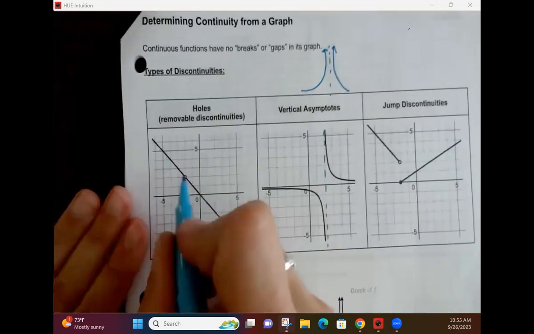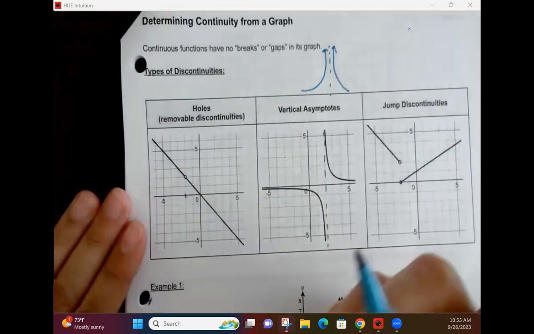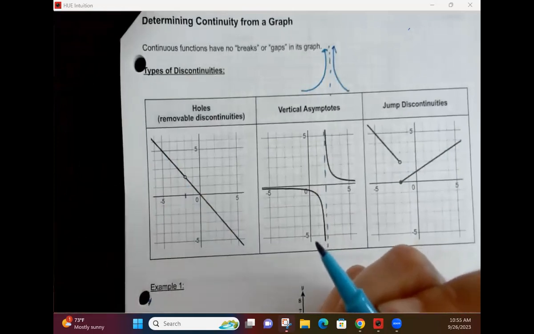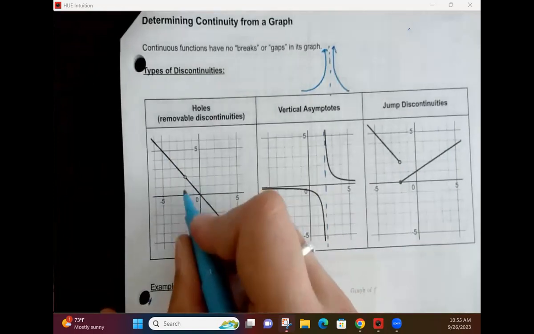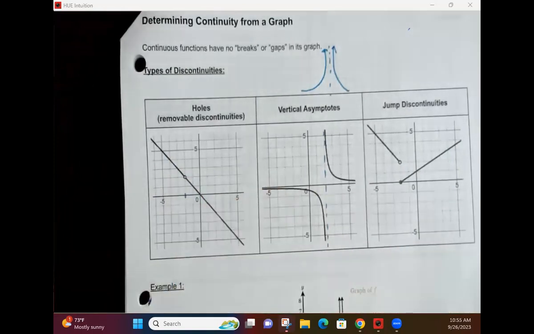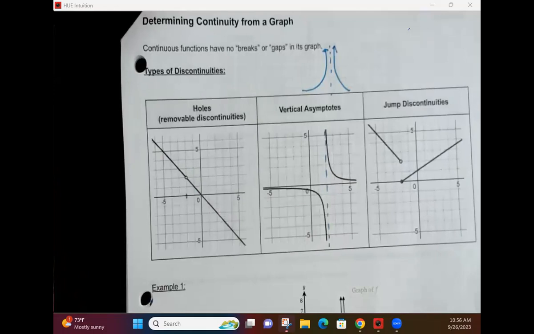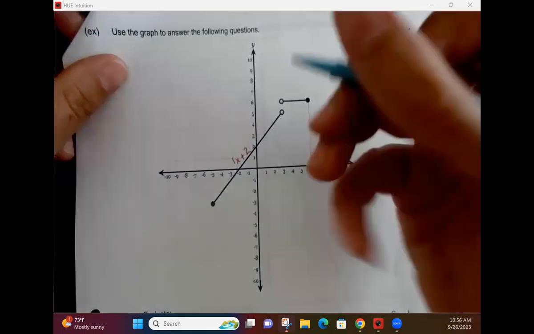A hole is a place where, for a particular value of x, I am undefined. There is no y value. There is no point there. Okay? A hole means there is absolutely no value for y that you can give me. If I asked you to give me f of -2 here, you would tell me that it's undefined. We saw an example of this yesterday. This was an example problem from yesterday.